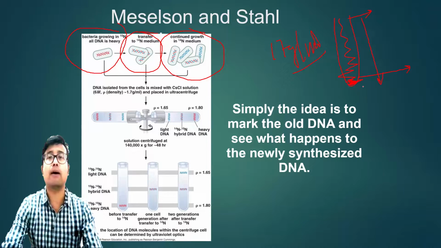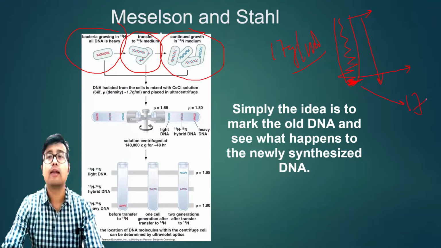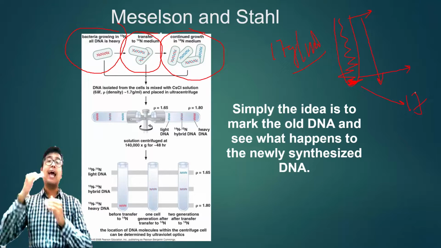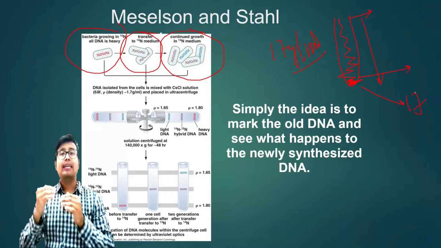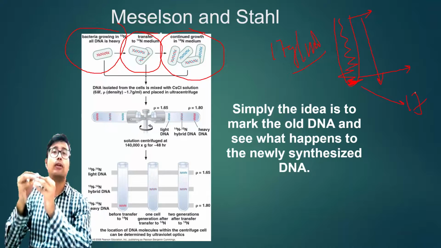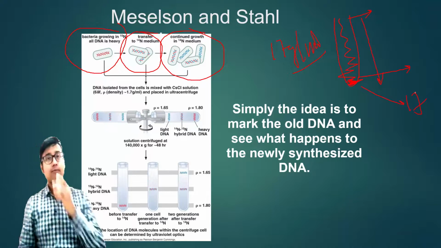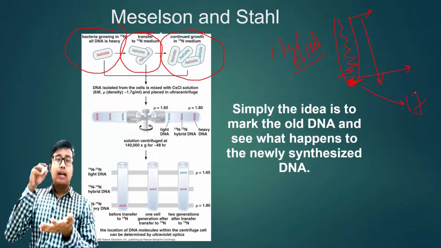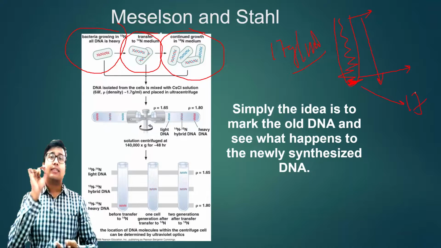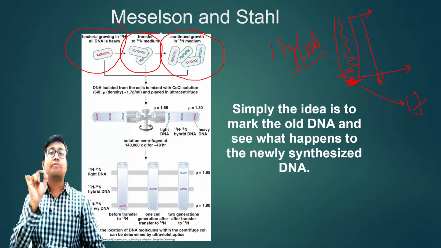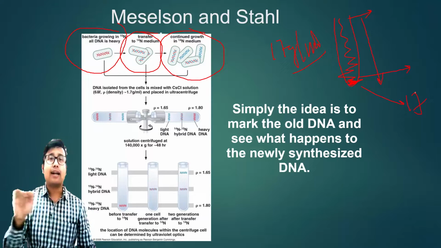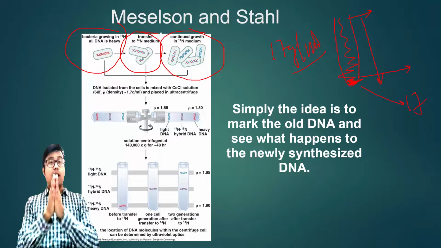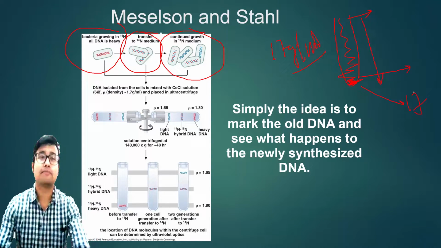The most dense part has a density of 17 gram per mole, and as we go up, it changes from 16 to 15 to 14, like that. And in centrifugation, the particles that have similar weight are at the same level. So now you can guess what happened.